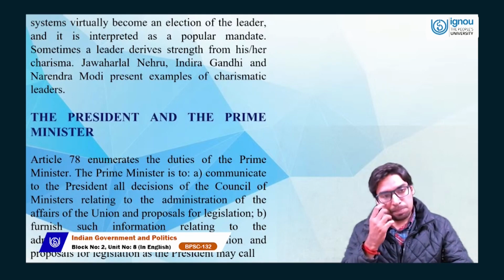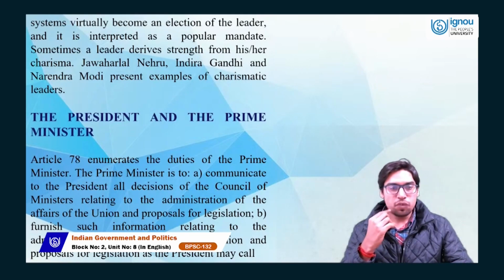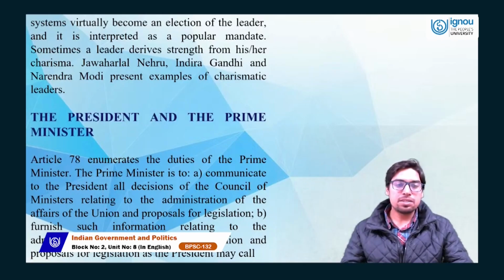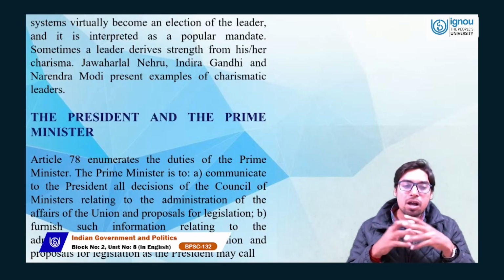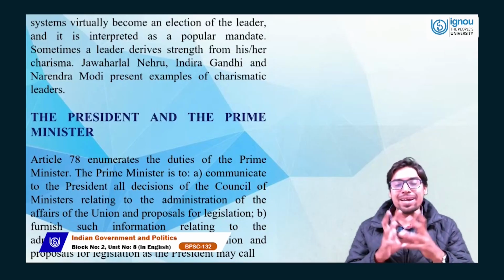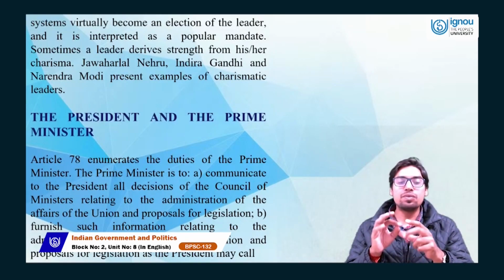The President and the Prime Minister. Article 78 enumerates the duties of the Prime Minister. A, the Prime Minister is to communicate to the President all decisions of the Council of Ministers related to the administration of the affairs of the Union and proposals for legislation.